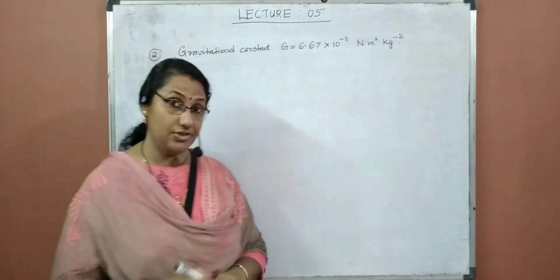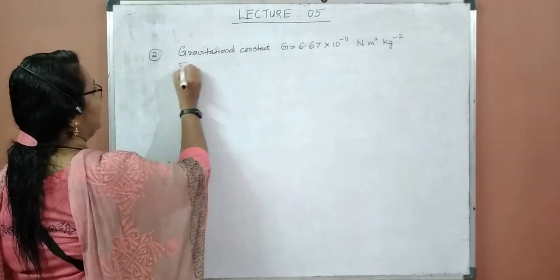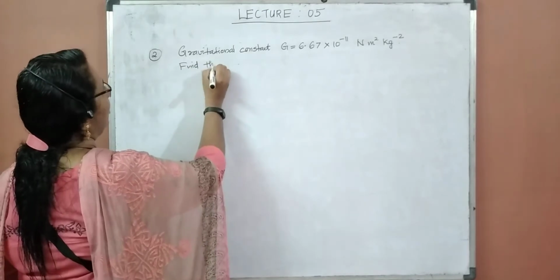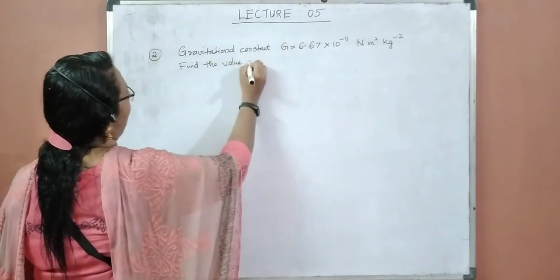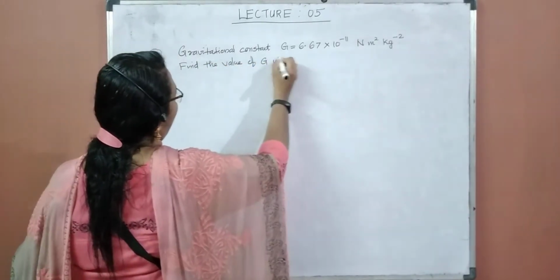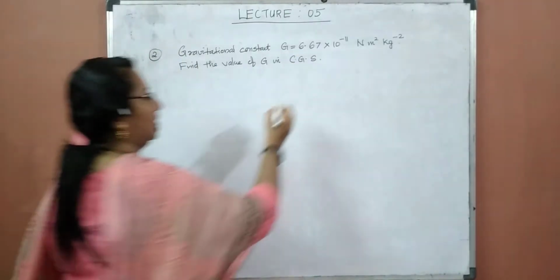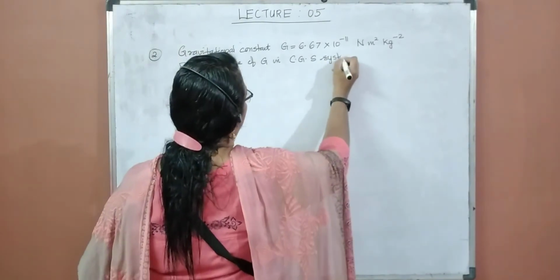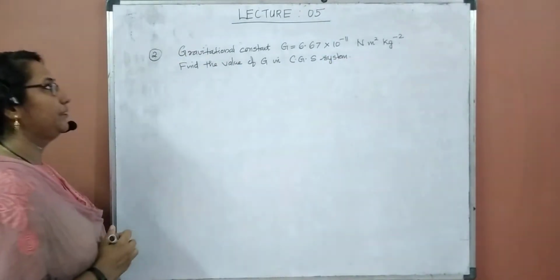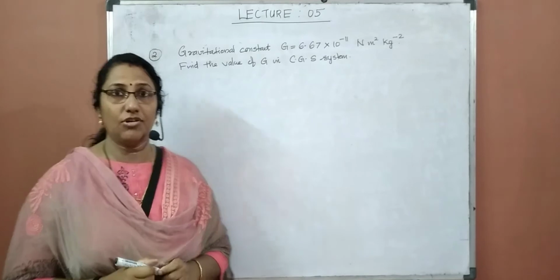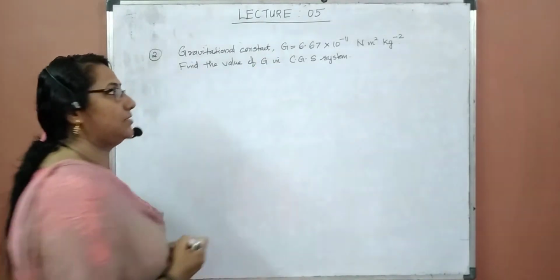Newton meter square kilogram raised to minus 2. Question is, find the value of G in CGS system. You have to find the value of this gravitational constant G in CGS system.